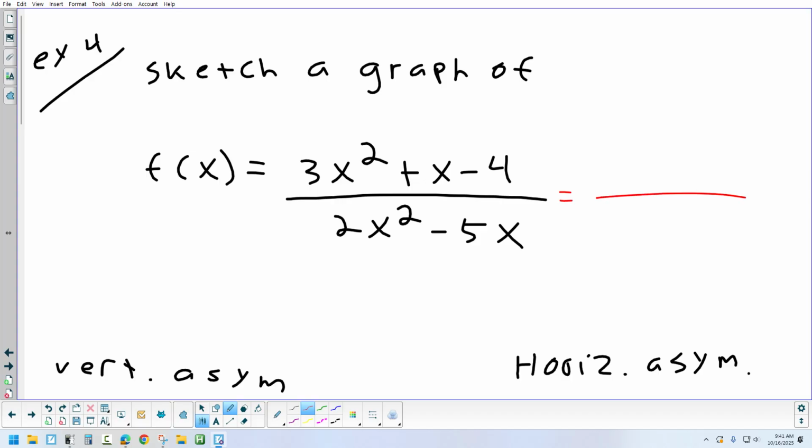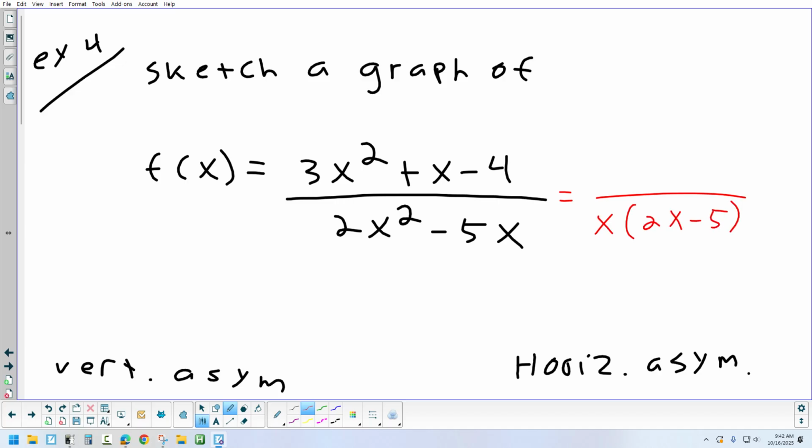And how would the denominator factor? Yep. You can factor out x. That's all you can do. x(2x - 5).